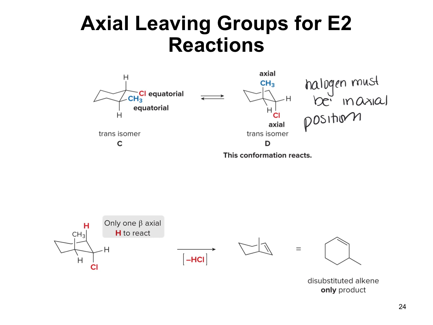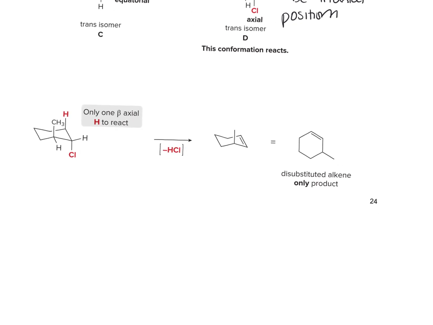Now, this doesn't follow Zaitsev's rule, where the most substituted alkene is the major product. Because if we were to remove this one, that would give us a more substituted alkene. Right?